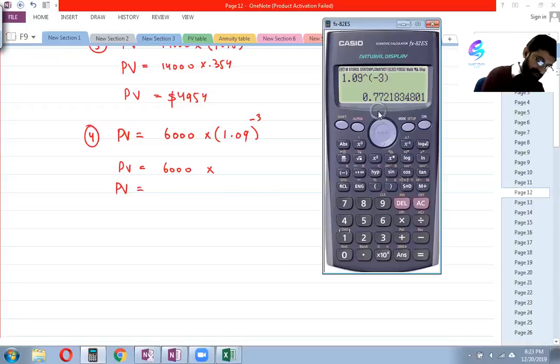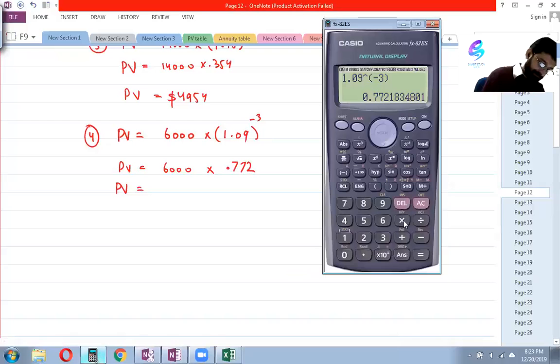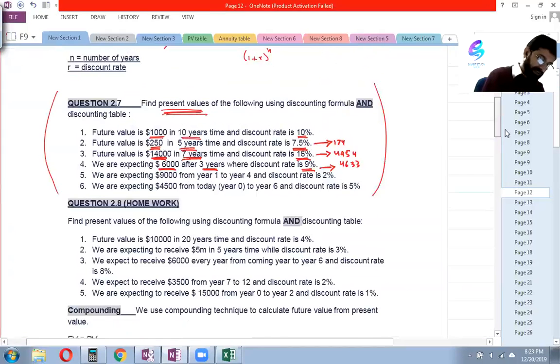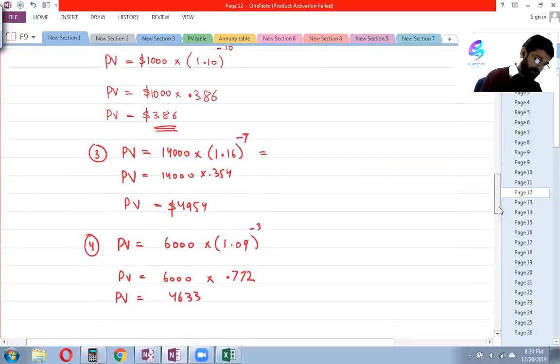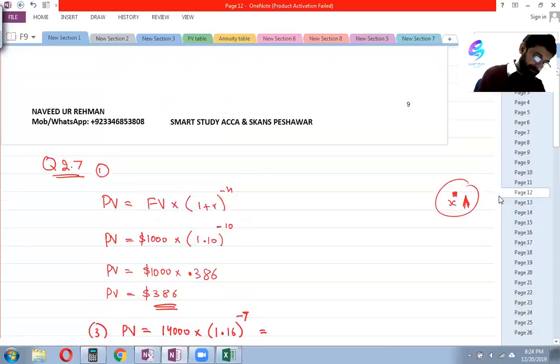What do you get? 0.772. And then you multiply it with 6,000. So what do you get? 4633. Right? So 4633. Is everyone fine with the calculation now? Is it clear?